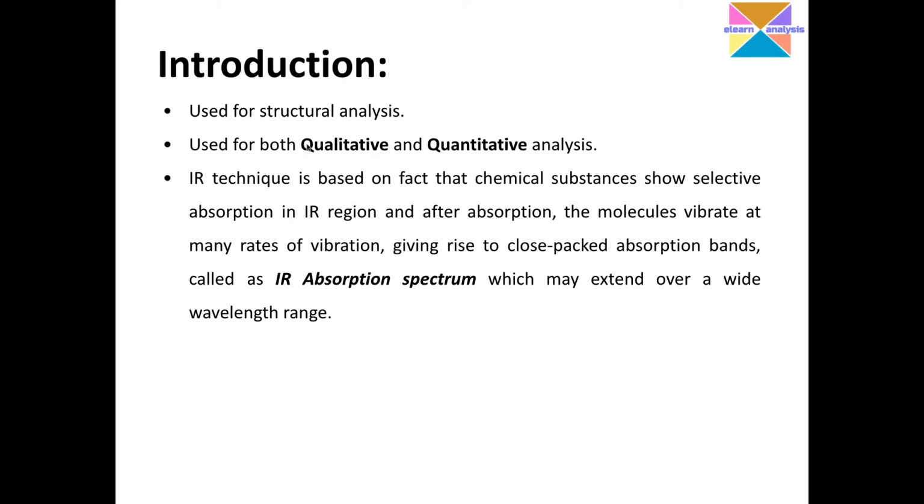Infrared spectroscopy is basically based on the fact that chemical substances show selective absorbance in the infrared region of the electromagnetic spectrum. After absorption, these molecules tend to vibrate because their vibrational frequencies match this electromagnetic radiation frequency, and they vibrate at many rates of vibration, thus giving rise to closely packed absorption bands.